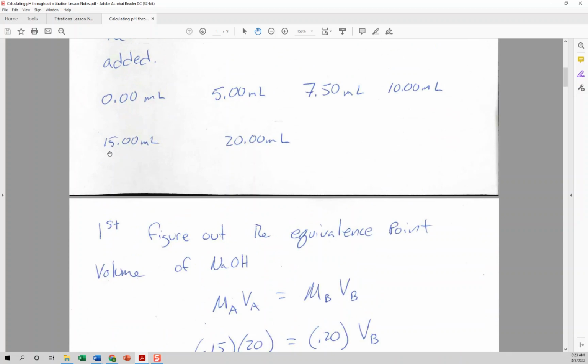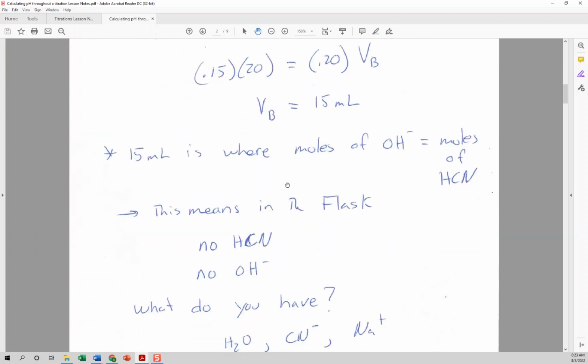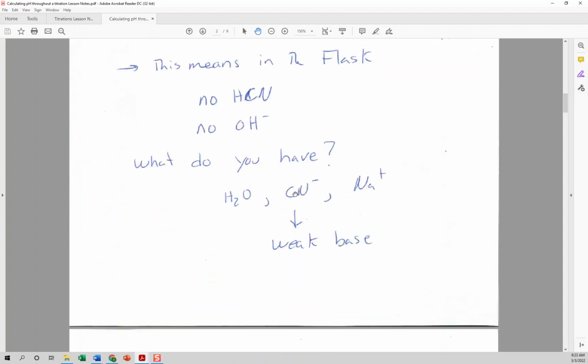Well, that's the equivalence point. Right there, boom, okay? So we know the OH minus and the HCN have canceled each other out at 15 milliliters of NaOH added. So at that point, to calculate the pH at the equivalence point, all we have is a weak base in the flask. So we're gonna do a Kb shortcut there, all right?